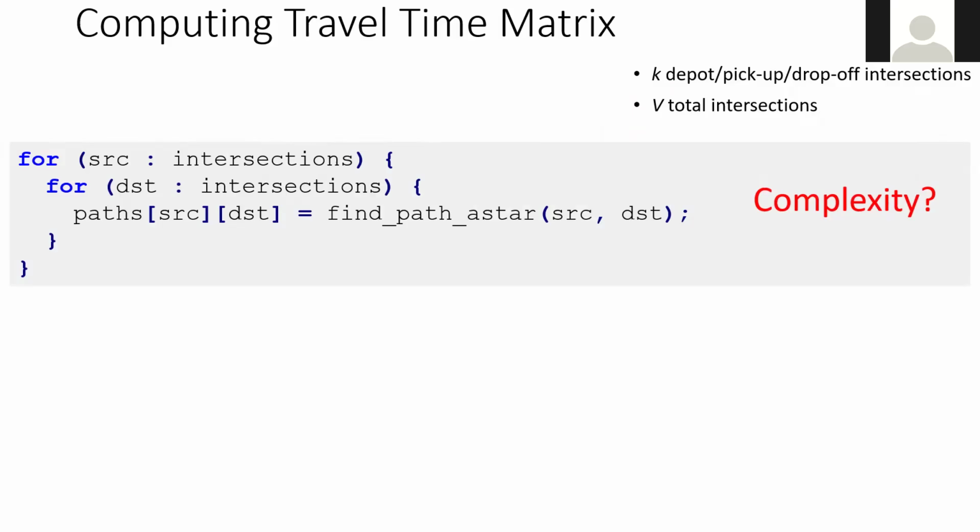How many k's are we looking at? It's a nested for loop of k times k, so k squared, times the complexity of find path A star.